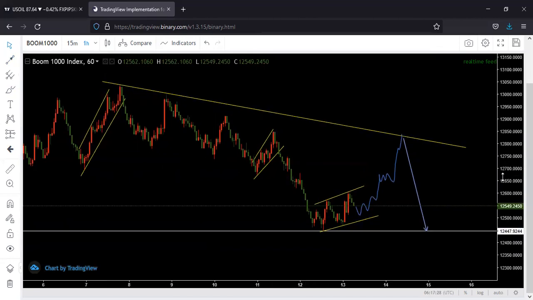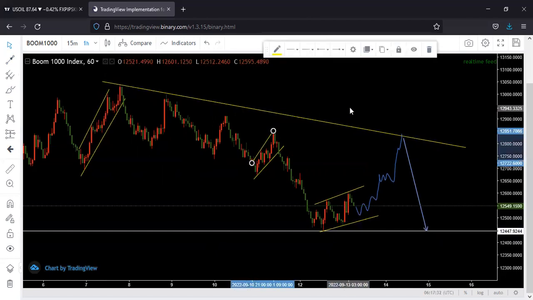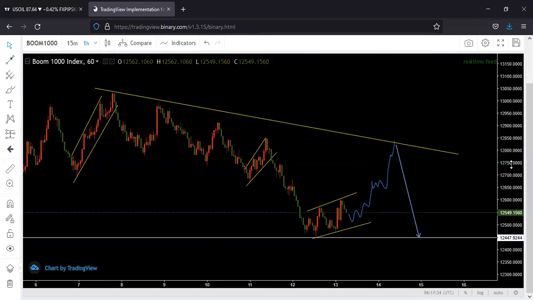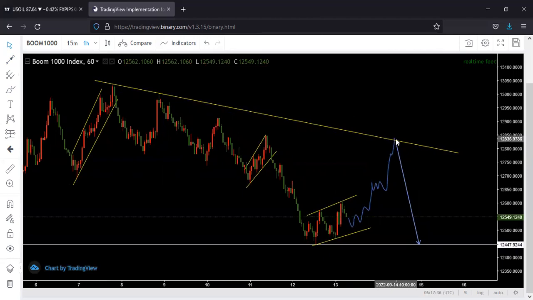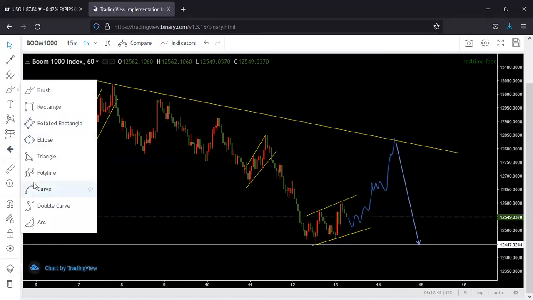So anything can happen. So now this will be our high probability setup. So always try to look for the high probability setup. So this will be our first.